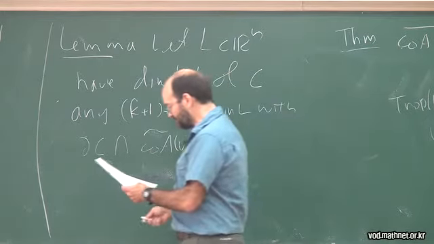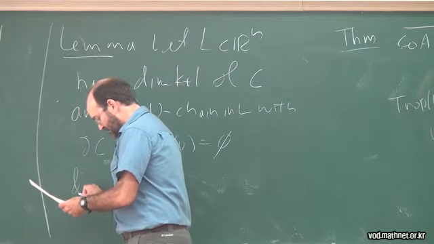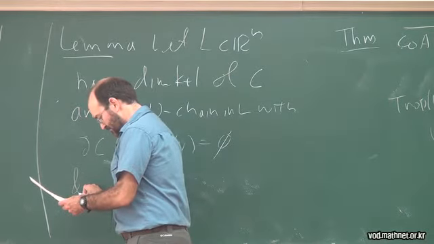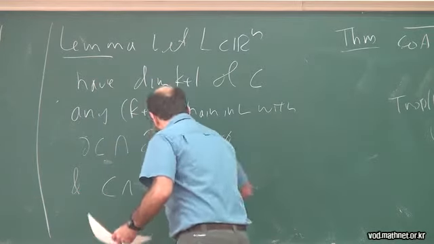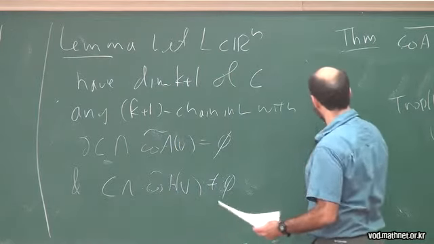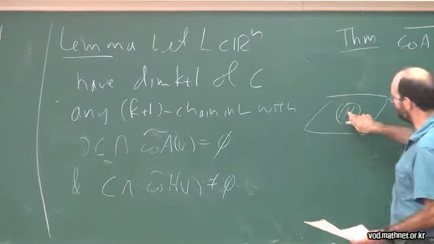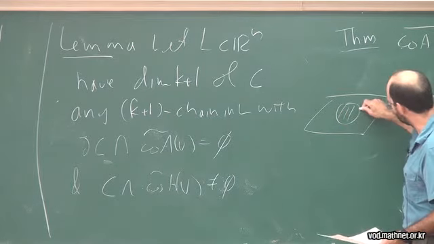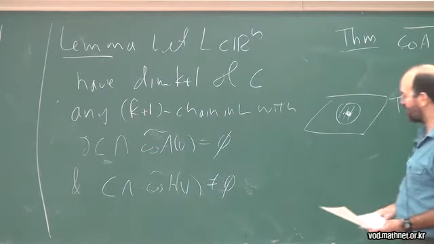Okay, then, and C intersect, I'm sorry, the coamoeba of V non-empty. So we have a picture of a cycle. Well, we have a disk or some cycle. We have its boundary, and the coamoeba of V runs through the middle of this somehow.